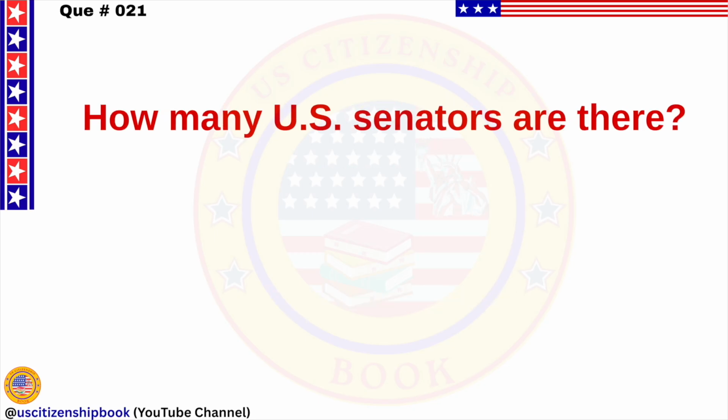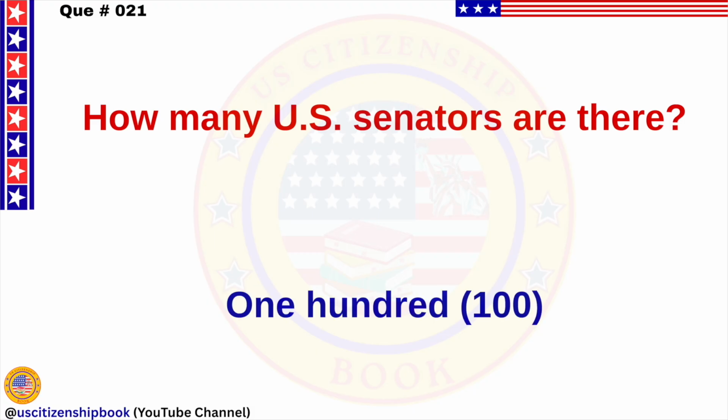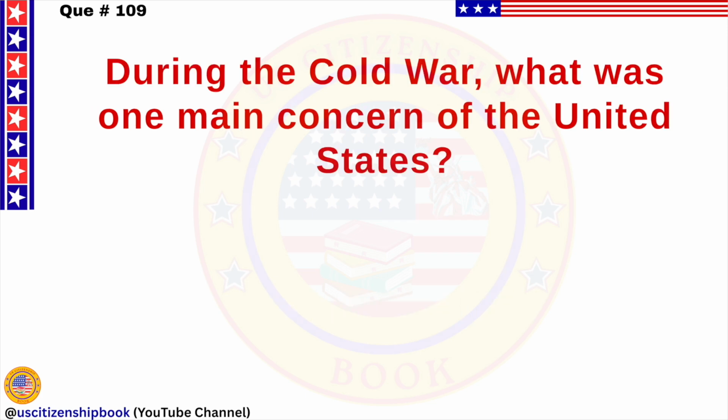How many U.S. senators are there? 100. During the Cold War, what was one main concern of the United States? Communism.